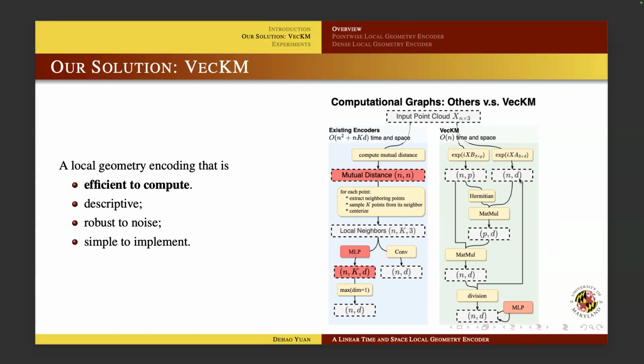P and D are constant numbers: P is about 4,000 and D is about 200. As you can see, there's no n squared and no n k d. This is only linear in n, so it is very efficient to compute.